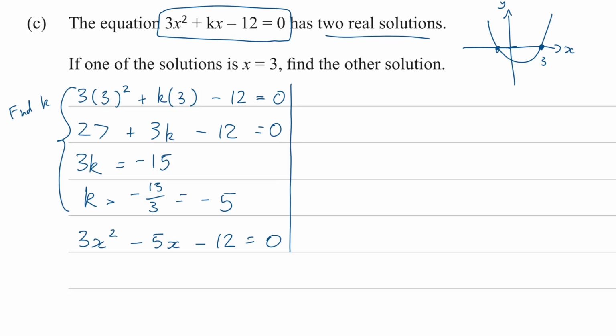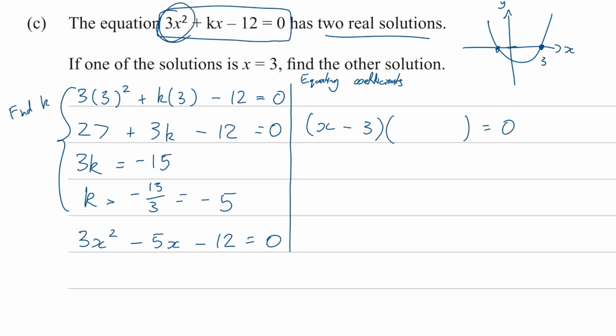So this one's called equating coefficients. If we know one of the solutions is x equals 3, we know x minus 3 will be one of the factors if we were to factorize it. And in the other bracket, let's have a think.